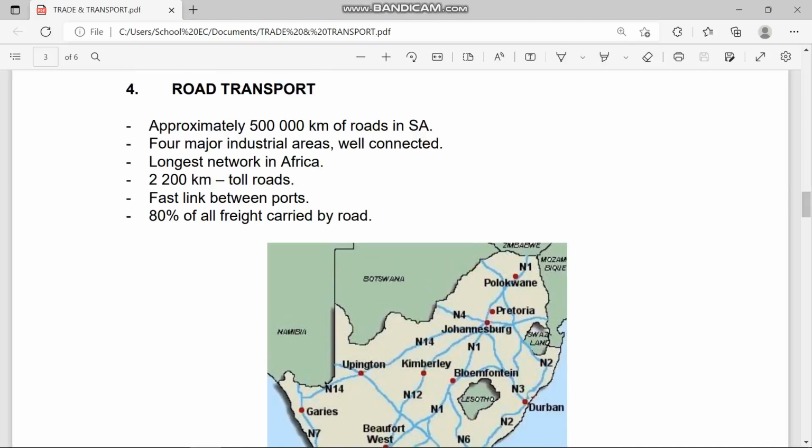If a road is named starting with the letter N, you must know it's a national road: if it's N1, it's national road 1, and N2, which is more popular I guess, is national road 2. So we're concentrating more on these national roads than local roads. Yes, we also focus on local roads because horse and trailers also pass through our local roads for trade.